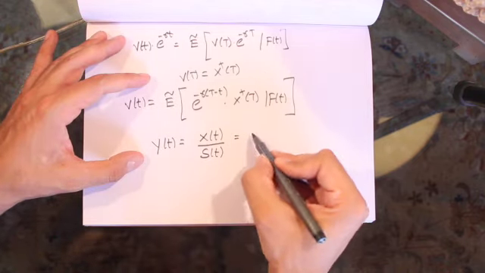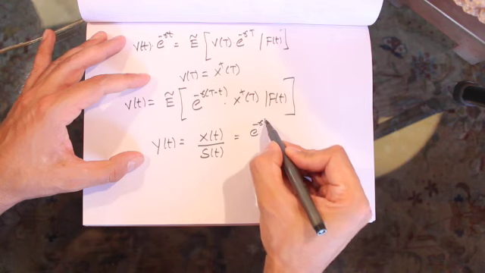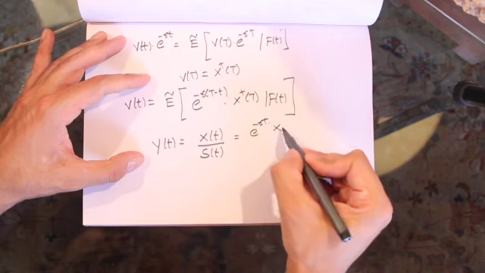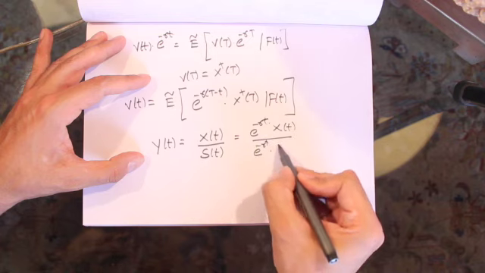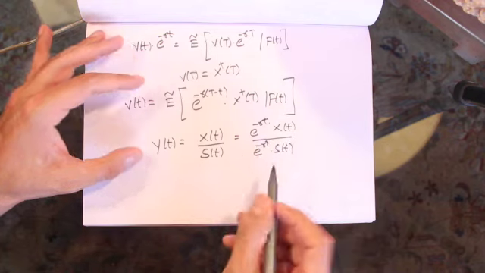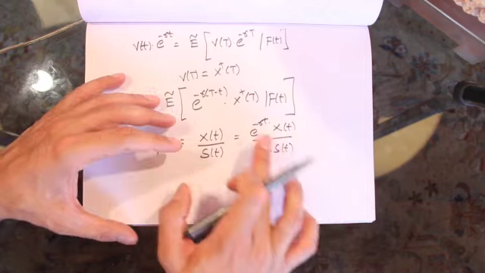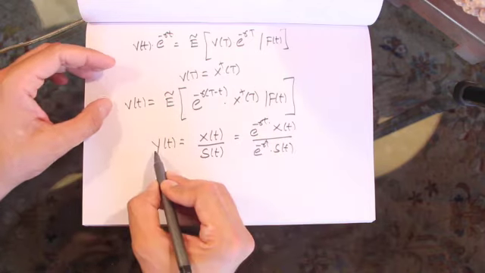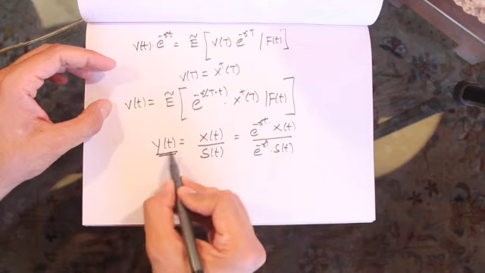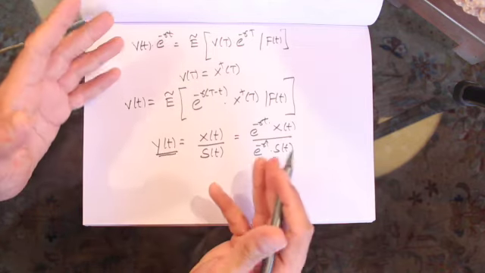This can also be written as e to the power of minus rt times X of t, whole divided by e to the power of minus rt S of t. I'm multiplying and dividing the numerator and denominator by e to the power of minus rt. Now I want to take the differential of this, dY of t.